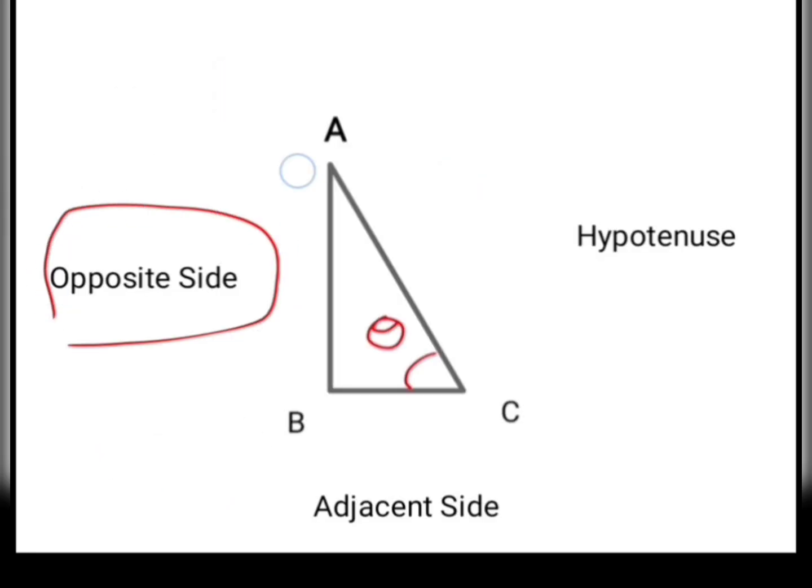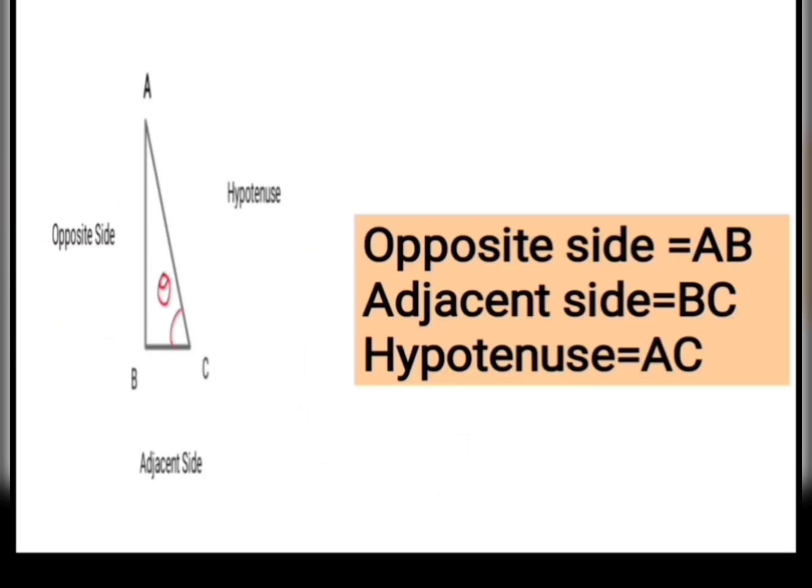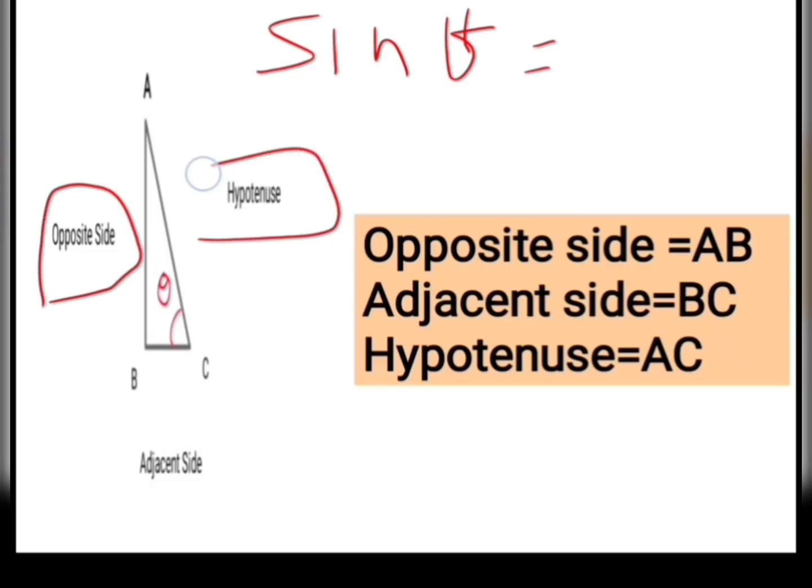The opposite side is the measurement from A to B. The adjacent side is the measurement from B to C. The hypotenuse is the measurement from A to C. To find sin theta, we use the formula sin theta is equal to opposite side by hypotenuse.